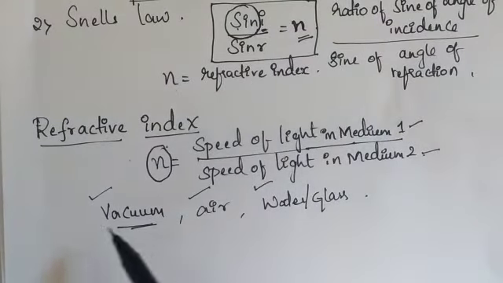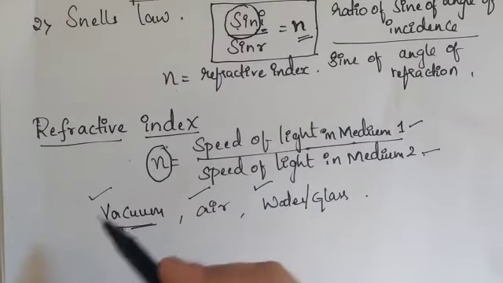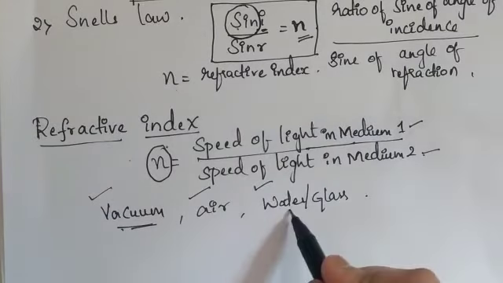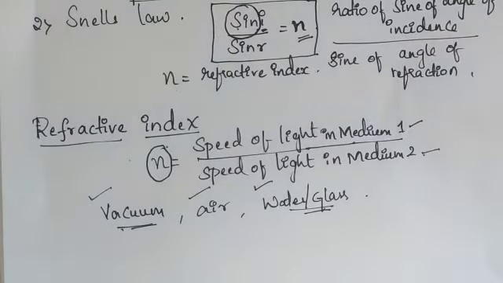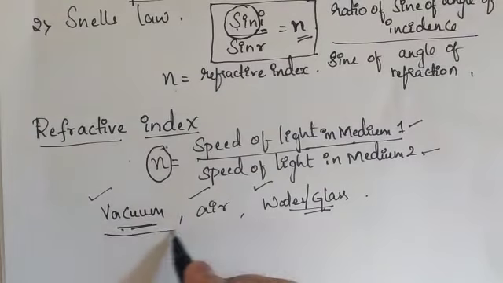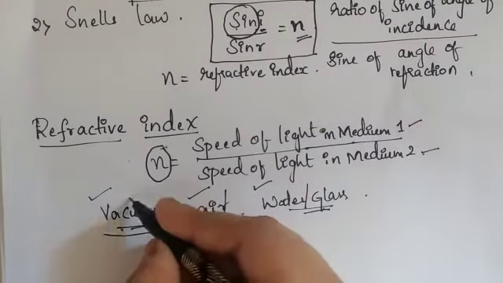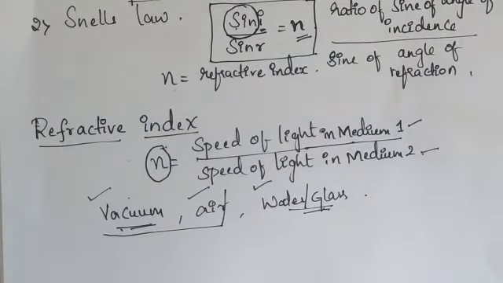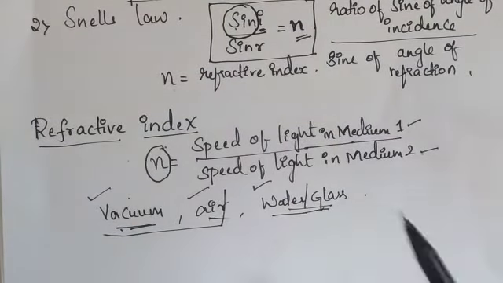So if you consider vacuum and air, vacuum is the rarer medium and air is the denser medium. If you consider air and water or glass, air is the rarer medium and water or glass is the denser medium.